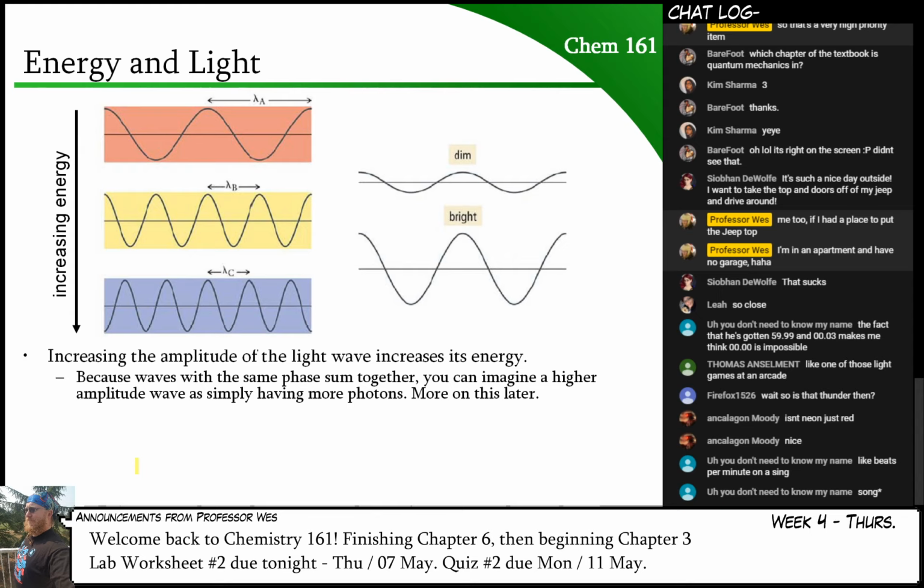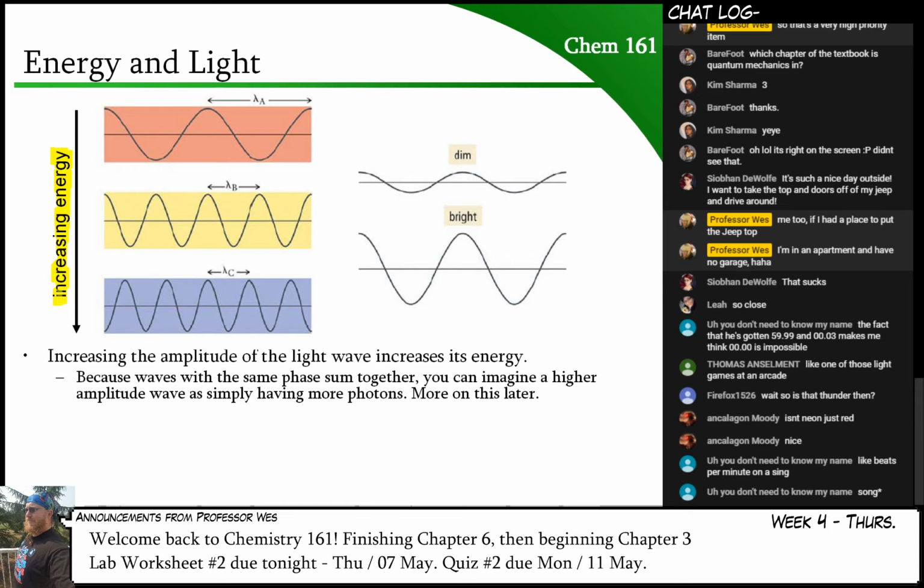So when we look at how we can consider the energy of light, we've already talked about frequency here. And I don't have a vertical highlighter, so I got to do it this way. As frequency increases, the energy of the photon also increases.